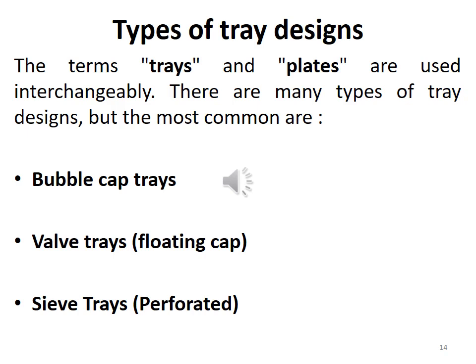Number one is a bubble cap tray, and the second one is a valve tray, which is also known as a floating cap, and the third one is sieve trays, which is perforated. It means holes. These three commonly used trays will be discussed in the upcoming slides.